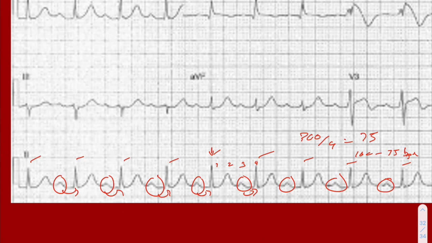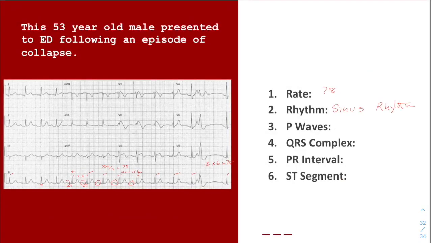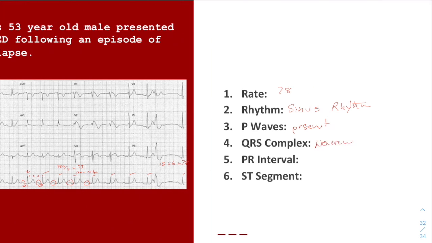Then let's look at the morphology of our QRS complex. We're looking for less than 3 small boxes. It's a little hard to see, but this is probably about 2 small boxes. So that fits less than 3 small boxes, which gives us normal, narrow QRS complex intervals.